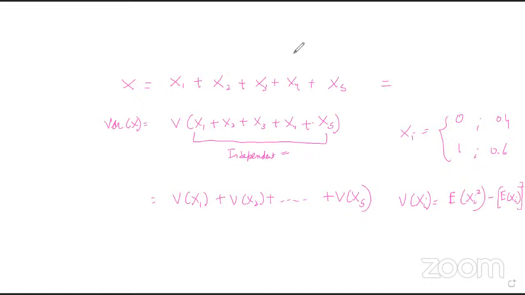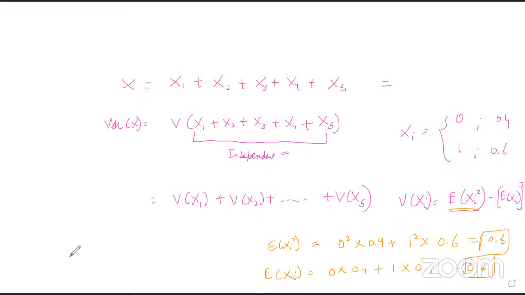Expectation of xi square is 0 square into 0.4 plus 1 square into 0.6. And expected value of xi is 0 into 0.4 plus 1 into 0.6. Both come to 0.6 only.